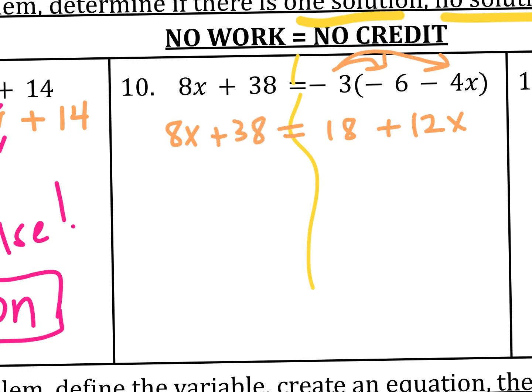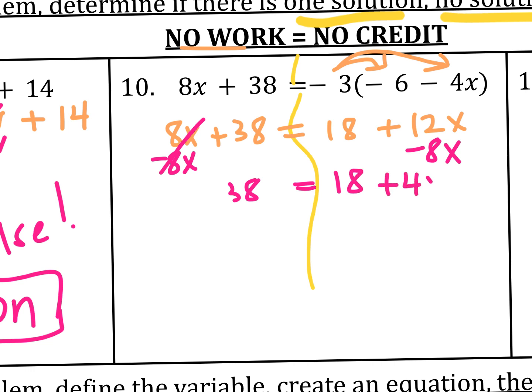Okay, so both sides look completely different, so I suspect this is going to be a one solution equation, but since we have to show work to get credit, I want to keep going. Since we have variables on both sides, I'm going to move this 8x to the other side by subtracting it. So 38 equals 18 plus 4x.